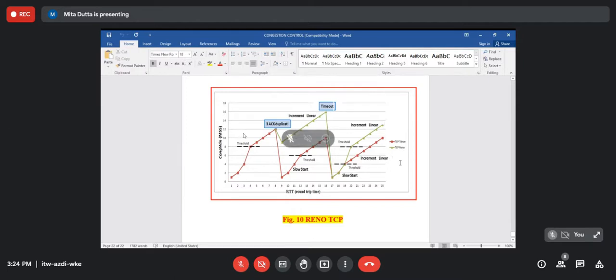So these are the two variants of TCP, besides slow start, congestion, additive increase, multiplicative decrease, and congestion avoidance.